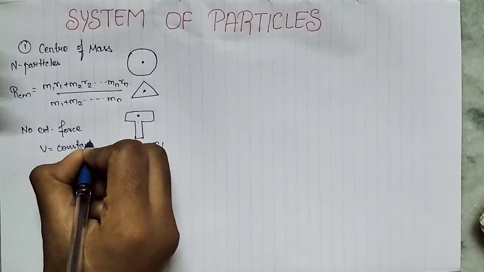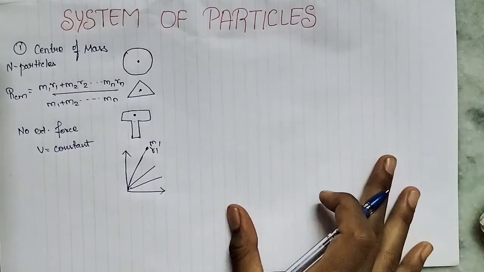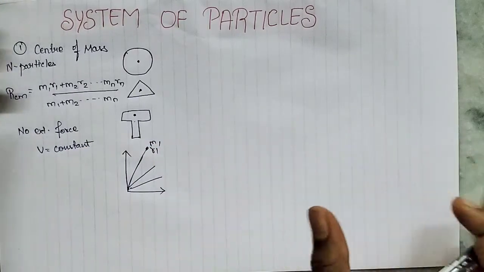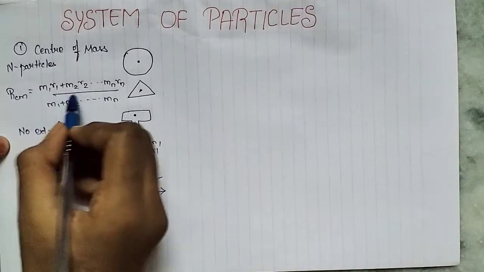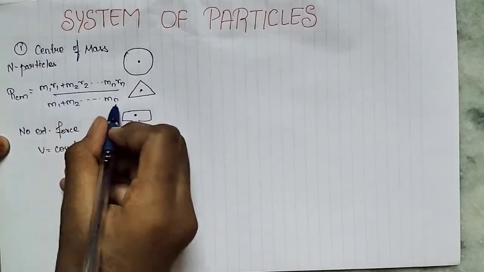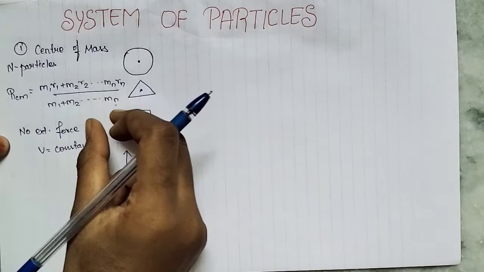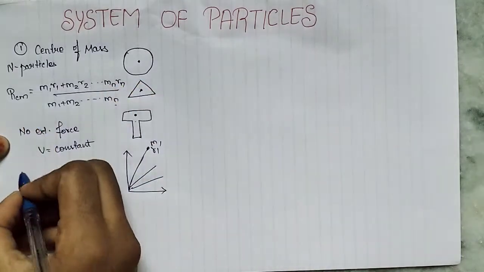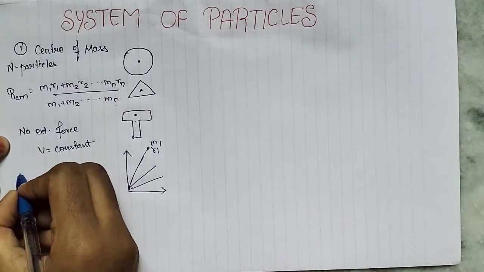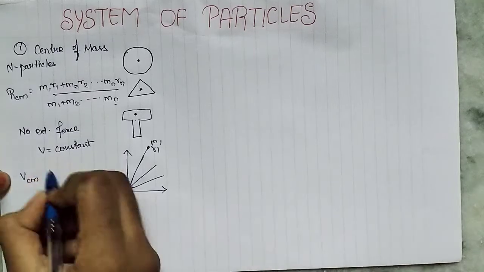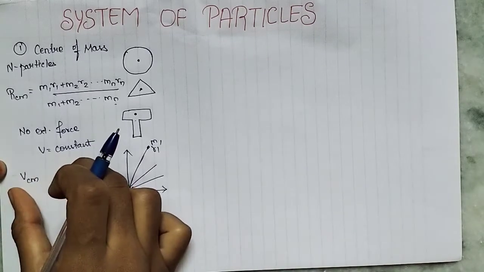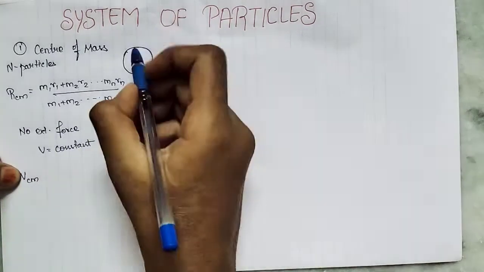Also you know that momentum is the product of mass and velocity. So for the total mass m1 plus m2, the velocity of the center of mass, this is the velocity of the center of mass.